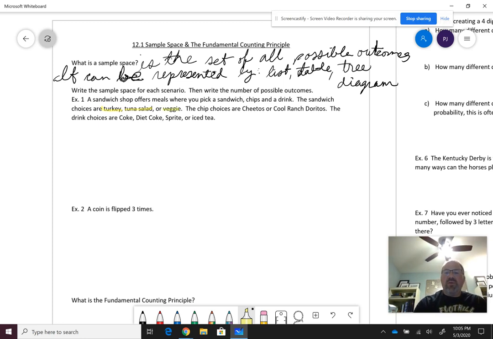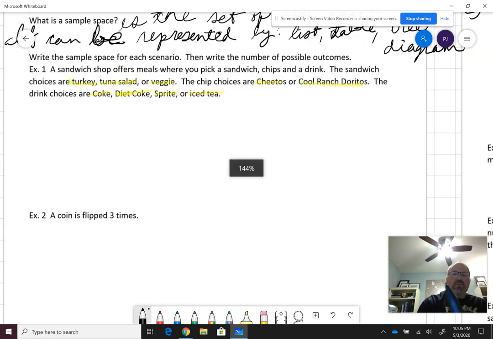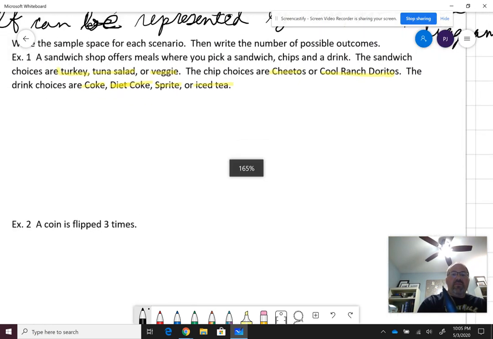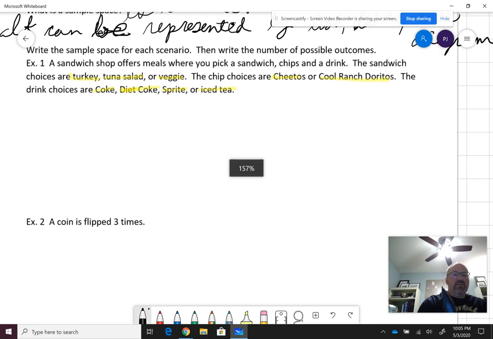Our choices for chips are Cheetos or Cool Ranch Doritos. And for drinks, we've got Coke, Diet Coke, Sprite, and iced tea. I'm going to show you one way of writing this out. It doesn't have to be the only way. Maybe you have a different way, and that's fine as well.